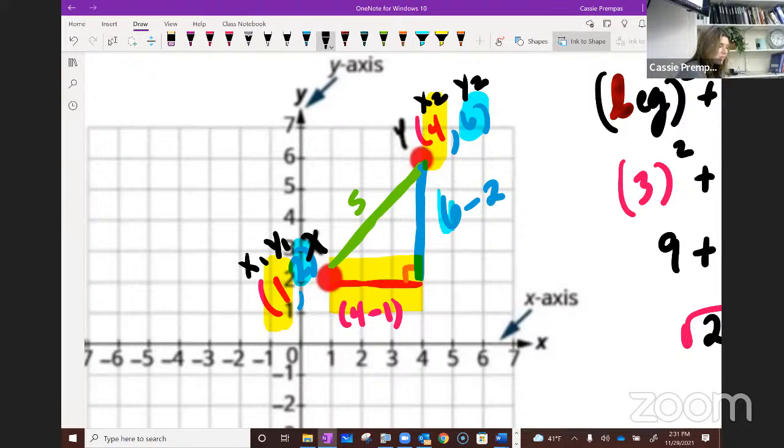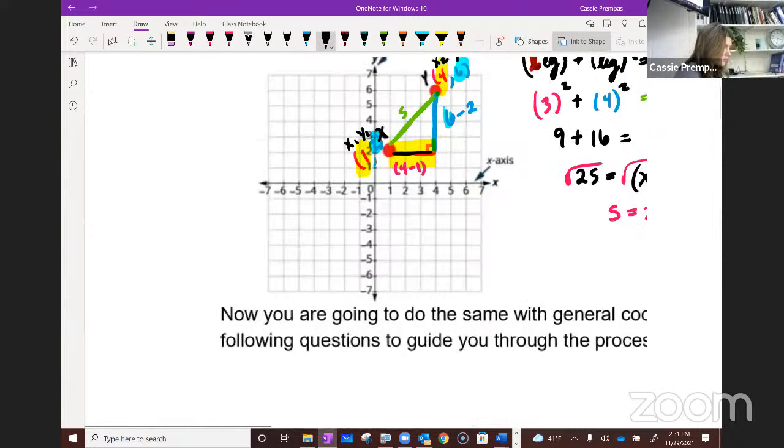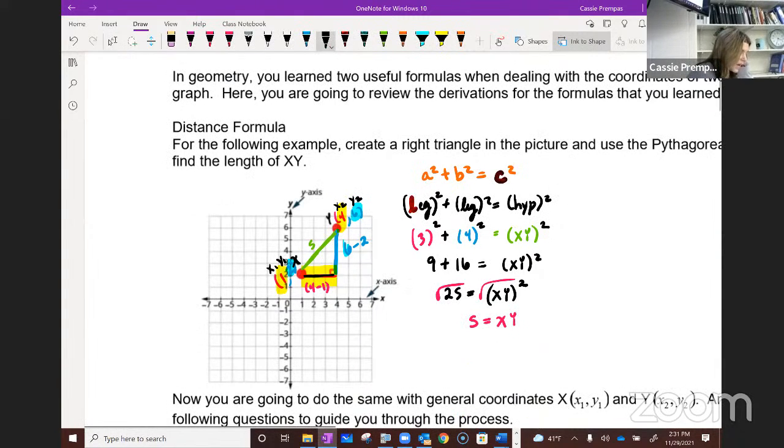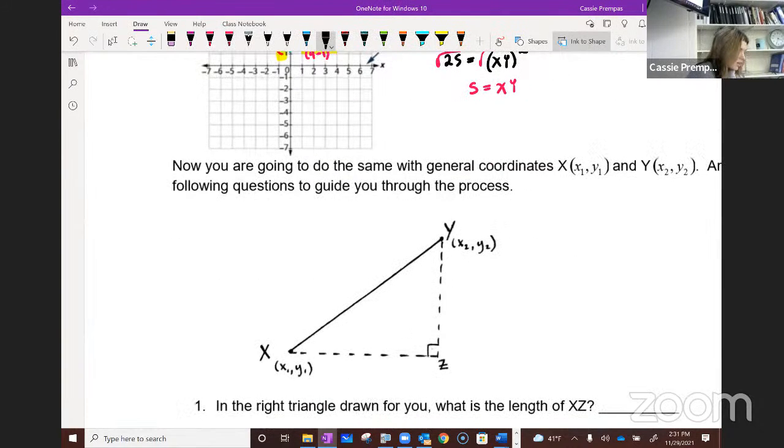You guys told me that this distance, really the left to right distance or the horizontal distance, could be found by taking 4 minus 1. I want you to use this picture, and now let's jump to the next picture. We're going to use what we just did and apply it to any generic coordinates. So we're calling point x just an x1, y1, and point y, x2, y2.